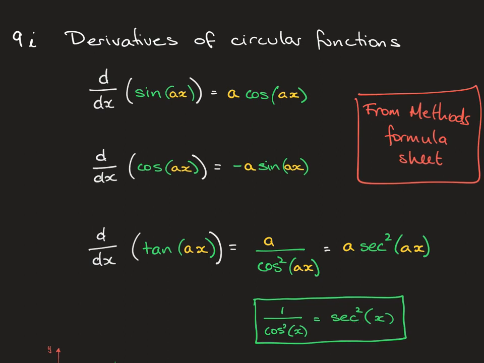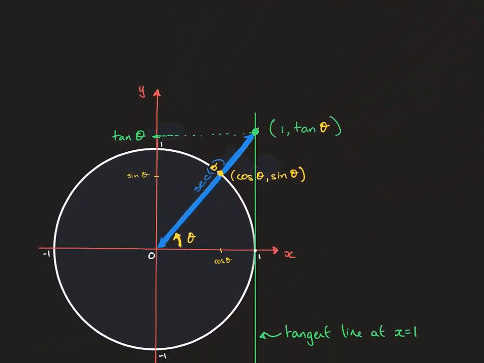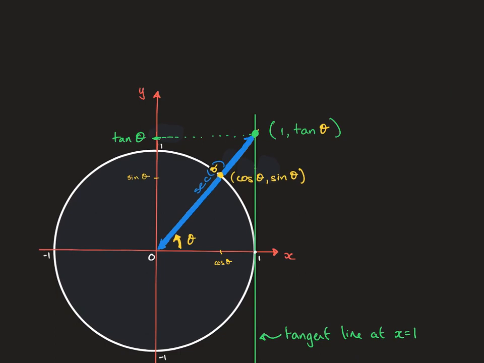Now sec is just like the other trig functions or circular functions. You can find it on the unit circle. So we'll just go in here so that we know the x coordinate of the point here is cos of x, the y coordinate of that point is sine of x.